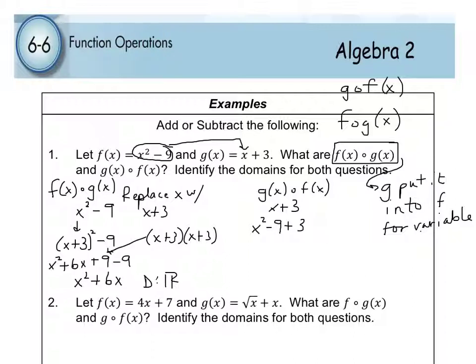Now I combine my like terms and end up with x squared minus 6. I can't do any factoring here because it's not a perfect square, so I'm done. The one thing left is my domain. There are no square roots and no fractions, so my domain is all reals.